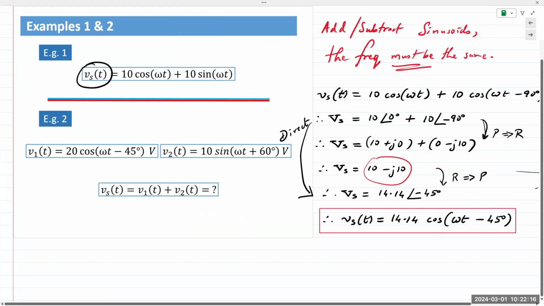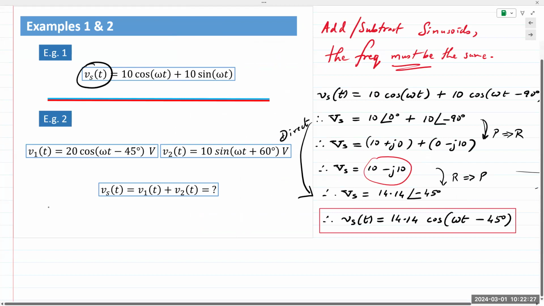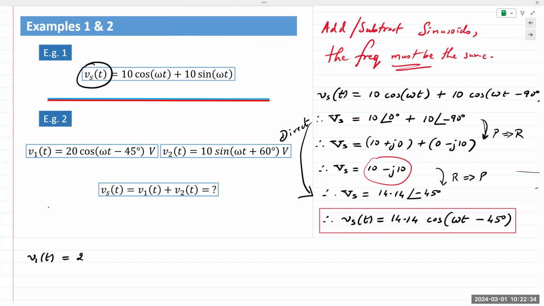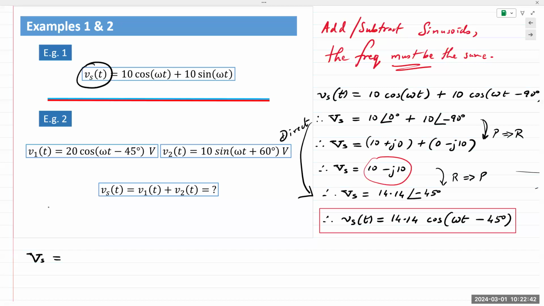All right, so same thing for example 2. We have two waveforms, two quantities. We are simply asked to find the sum of those quantities, Vs of t. So again, here, V1 of t is 20. Actually, you know what? I'm going to write up the phasor directly. So phasor for V1 is 20 with the angle of minus 45.